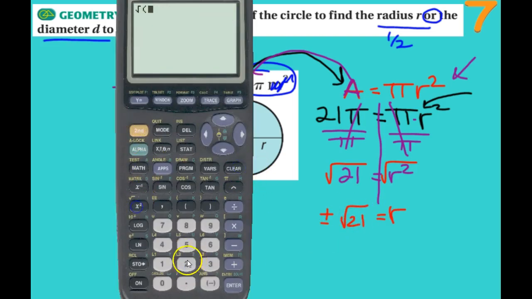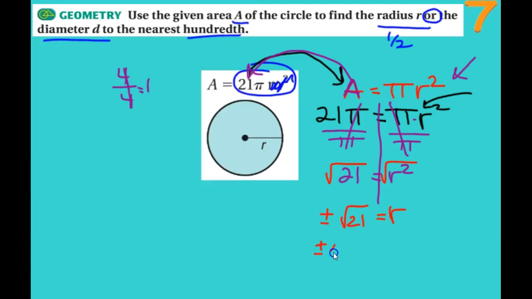So the square root of 21 is 4.58. But you guys, can we have a length that's negative? No. So our answer is just a positive 4.58. I'm just going to erase this here. It's only the positive 4.58.